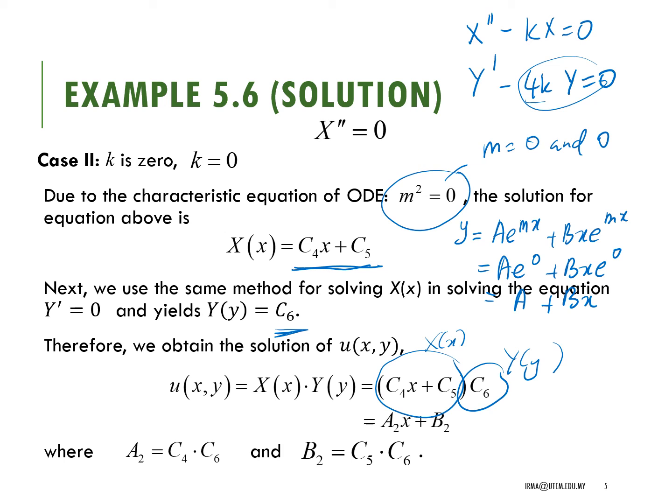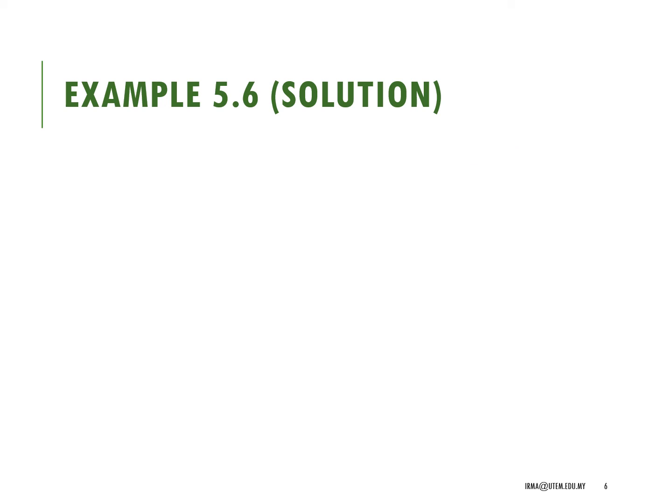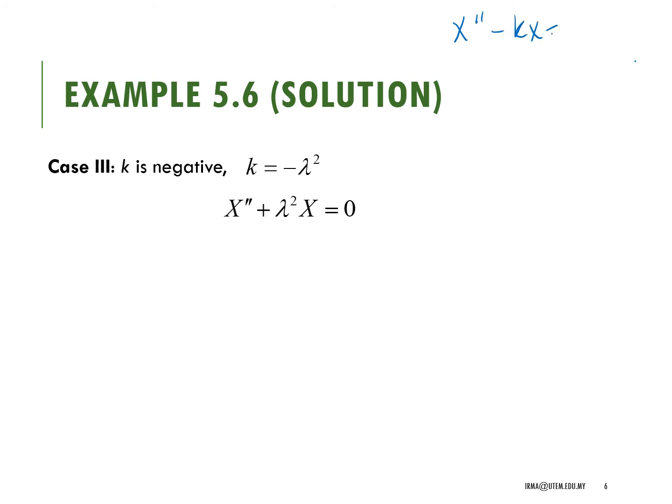So let's move to the last case, which is case 3, k negative. How to write the k negative? We just put k equal to negative lambda square. So we will have the equation. The original equation is x double prime minus kx equal to 0.